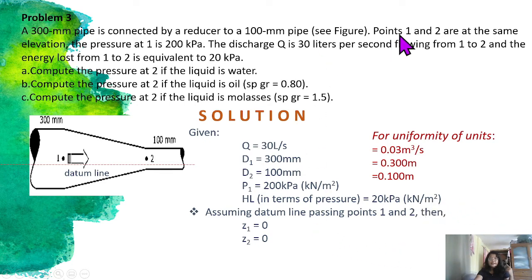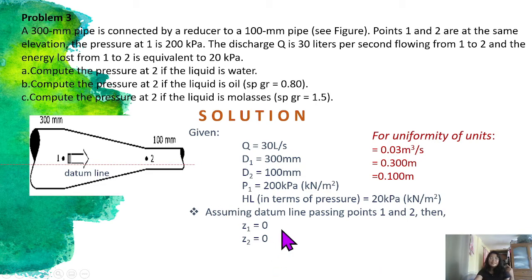And then, sabi nga, nabanggit dito, points 1 and 2 are at the same elevation. Meaning, assume natin na yun yung datum or datum line niya, no? So, at that point, wala naman siyang difference in elevation, right? Kasi pantay nga at the same elevation.